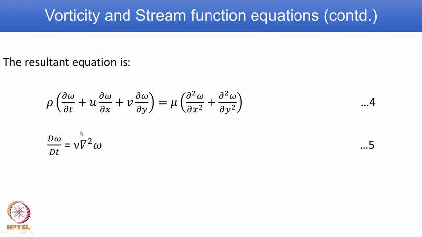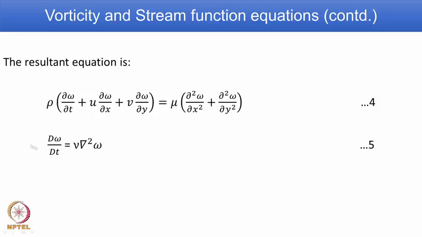The difference here is that u is not multiplying its own derivative, it is a different function. Hence the nonlinearity associated with the convective term in the original momentum equation is simplified in this equation.